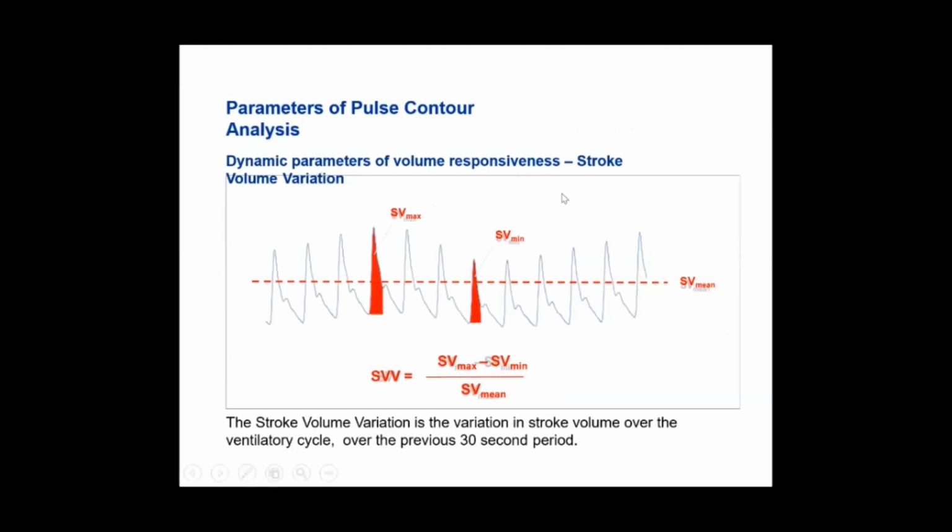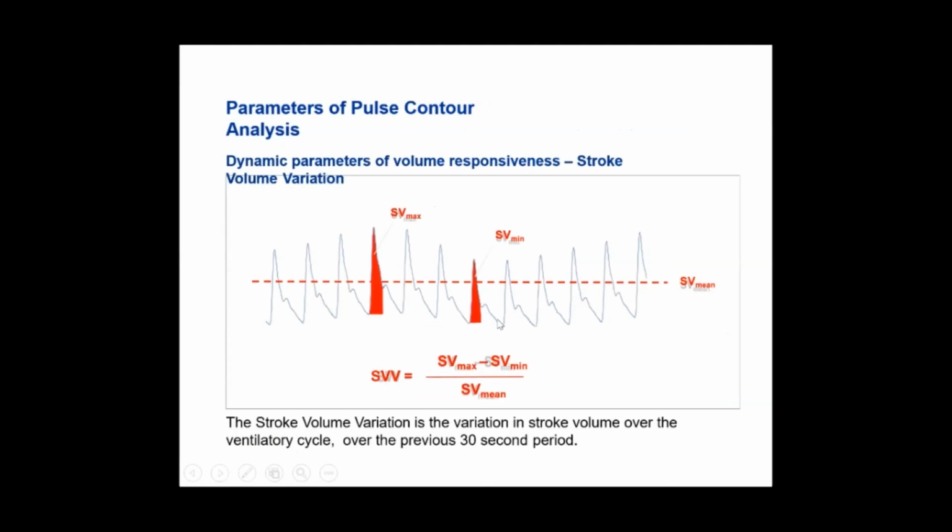Dynamic parameters of volume responsiveness. This slide we have seen in our earlier lecture also. We can see how we get the stroke volume max. This is the SV minimum. Then we calculate the variation: SV max minus SV minimum divided by the stroke volume mean. This is the inspiratory increase in stroke volume.